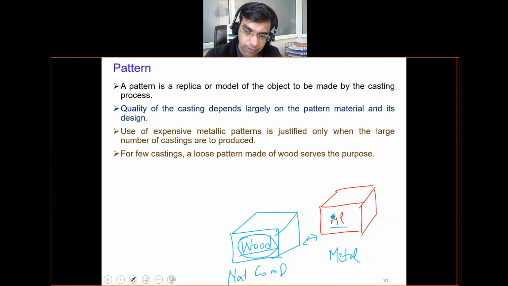The aluminium one will hold its surface finish and dimensions for a very long period of time. So only when we are in a position to produce a very large number of cast products will we go with the metallic type of pattern. In most other cases, we will go with the wooden pattern.